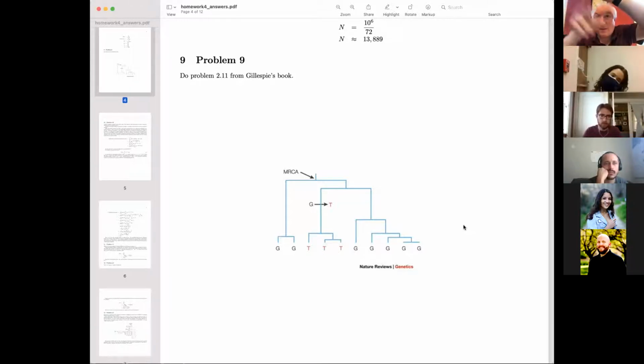I said it's backwards, 2n over n choose 2, over n times n-1. But the total number of sequences over which that could evolve is n. And I've got an n on the bottom and an n, they cancel, and I get the total time in the tree is equal to 2n over n-1 to the first event.